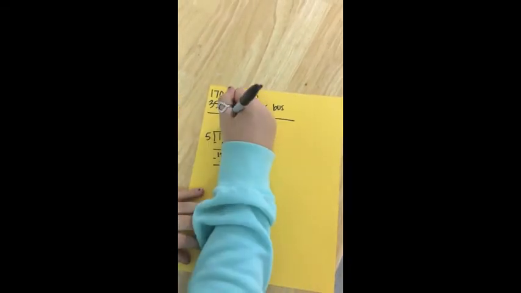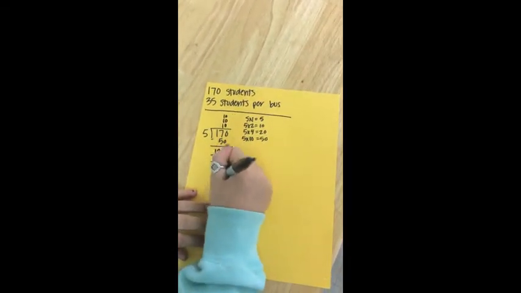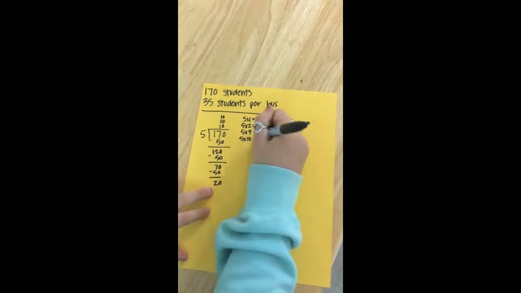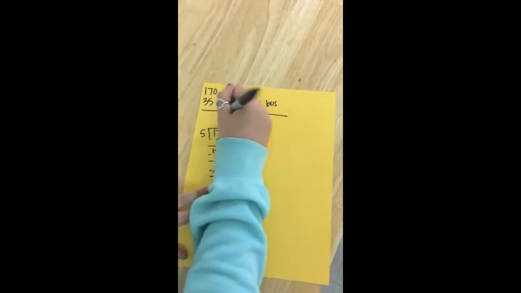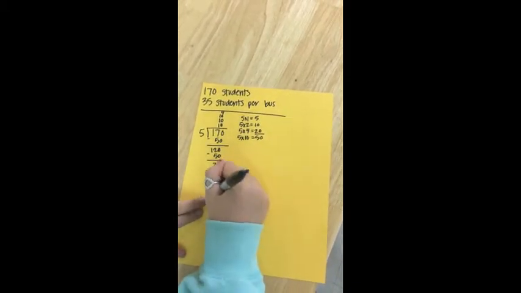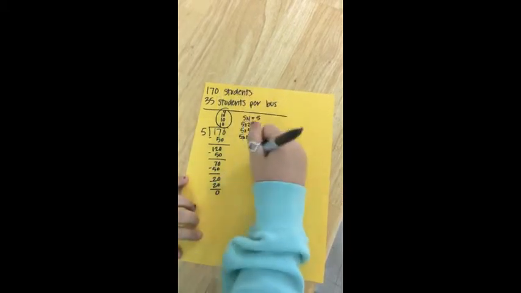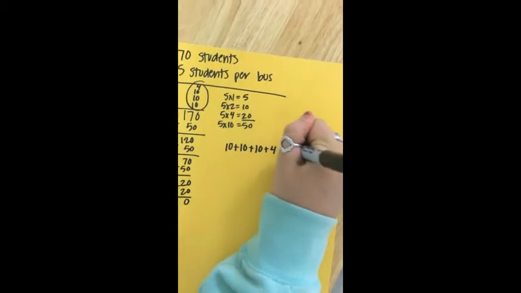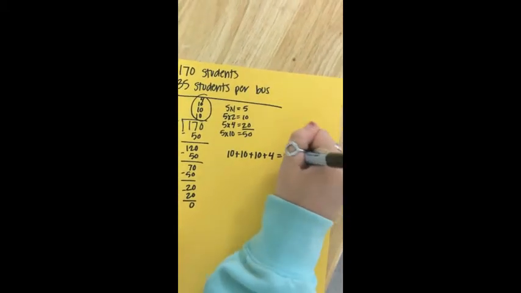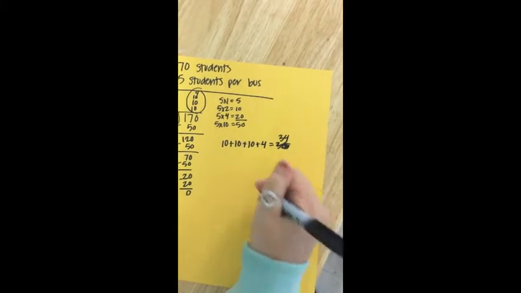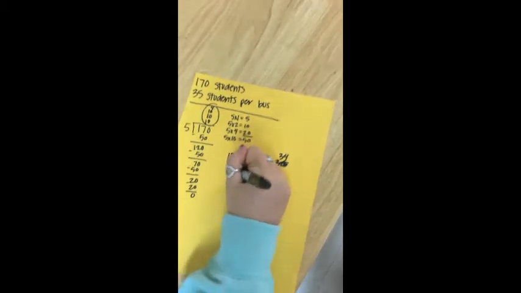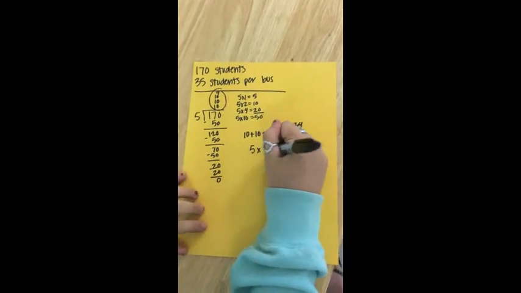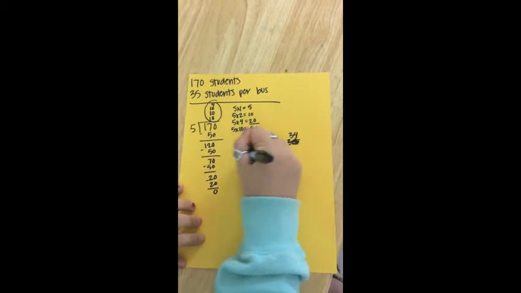Still not there, so add another 10, subtract another 50 till we have 20, and then we'll find our 20 here. So it'd be 5 times 4. So we have 10 plus 10 plus 10 plus 4, which gives us 34. So we know that 5 times 34 is 170.